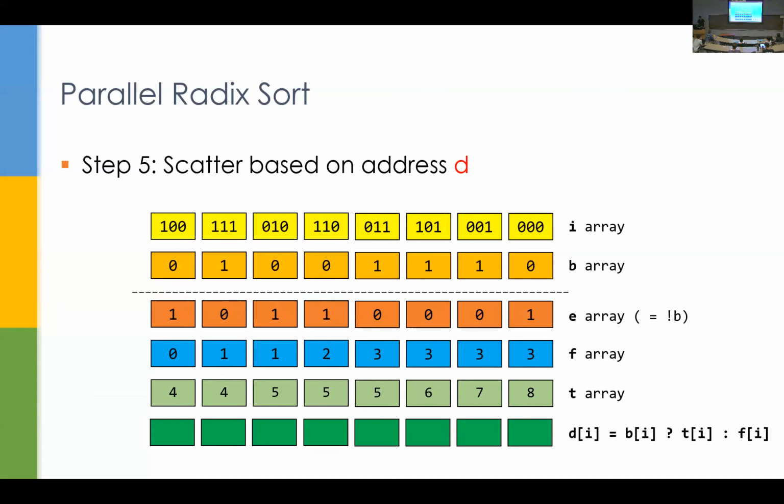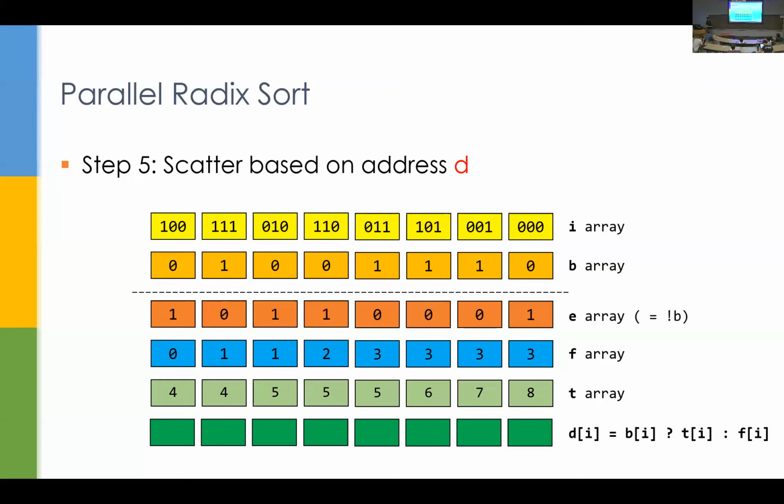All right, so the final step is then this simple condition. The device array or the output array is B true? If B is not true, then T of I or F of I. This is giving you the index.